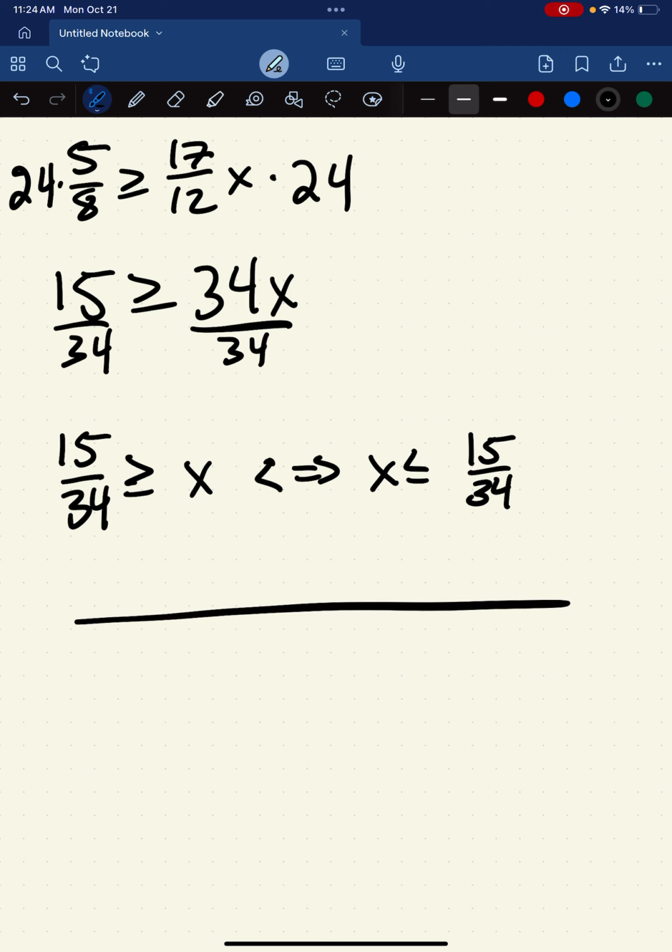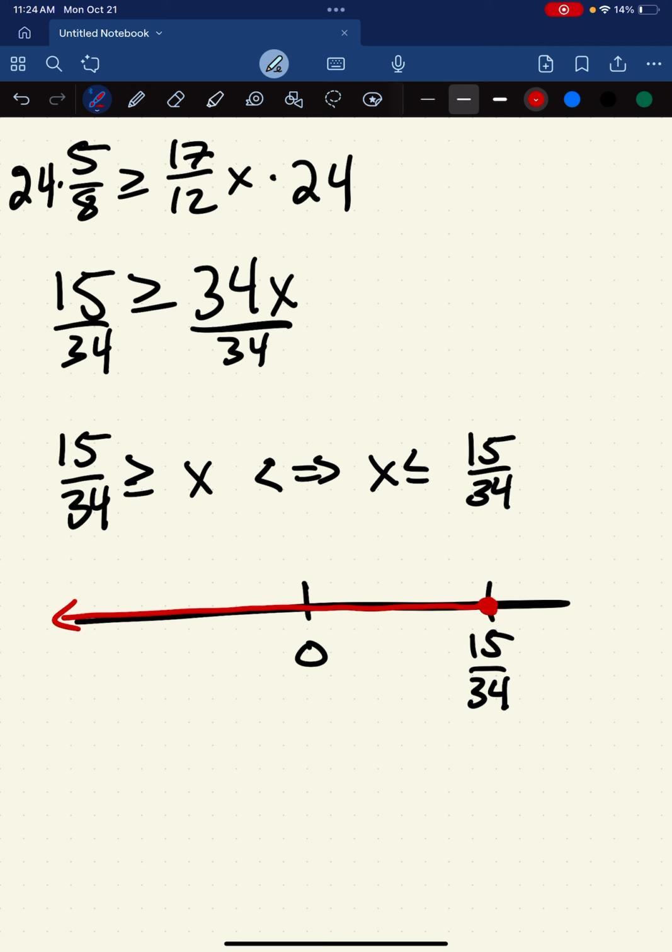So our solution on the number line, let's say here's 0, and let's say here's 15 over 34. It can include 15 over 34, it's a solid circle. Goes all the way out to infinity, right?